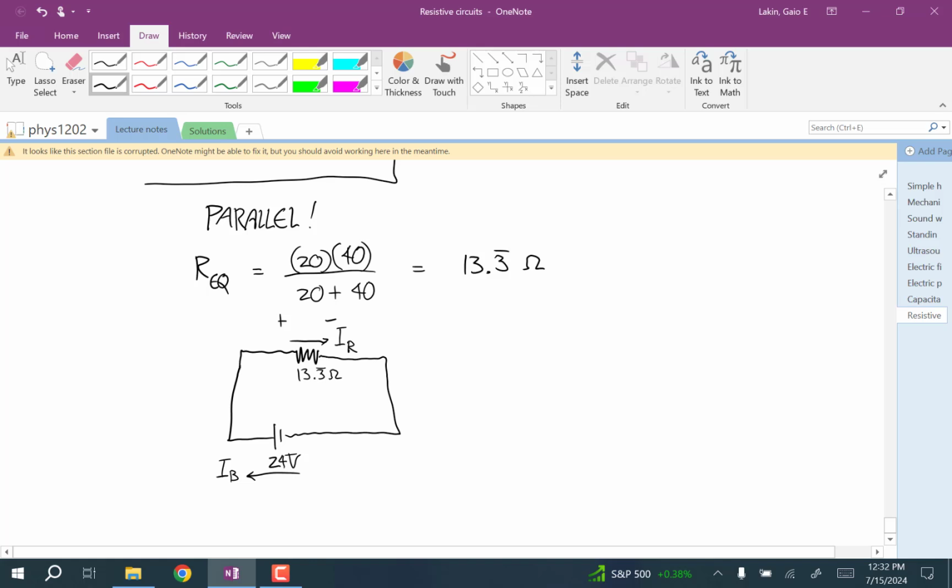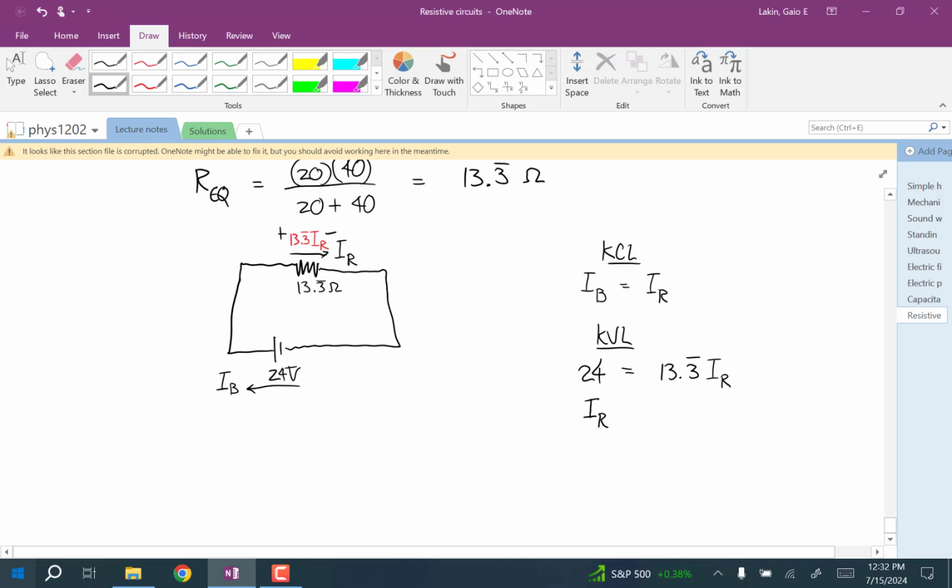First let me write in the resistance: the voltage here is going to be 13.3 repeating times IR. Then we'll go to Kirchhoff's current law, and it says that IB is equal to IR. And then the voltage law says 24 is equal to 13.3 repeating times IR.